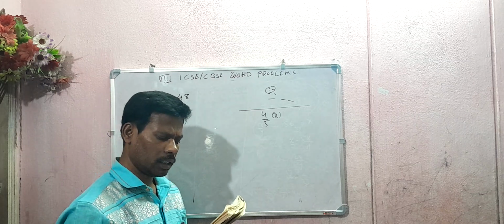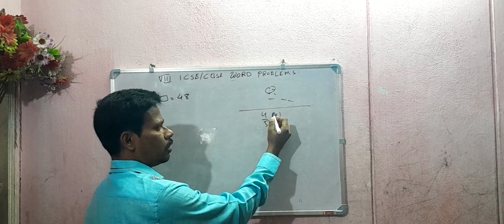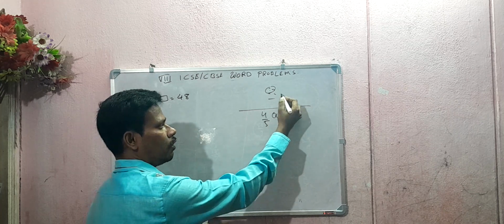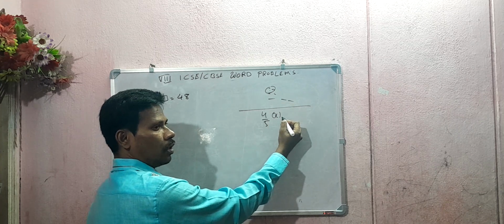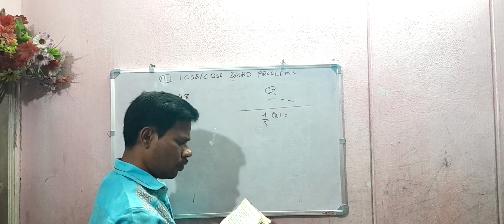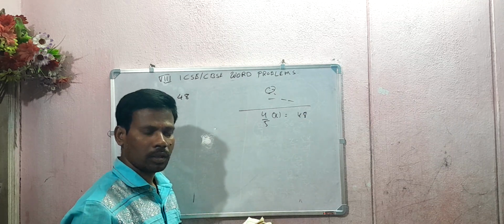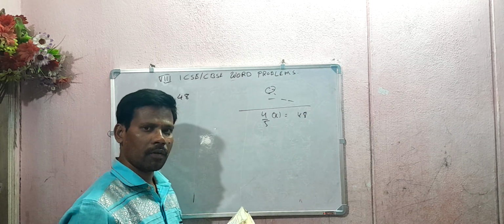Raju finds that he has traveled 48 kilometers. 4/5 of the journey he has traveled on the scooter. Then he finds that he has traveled how much? 48 kilometers.